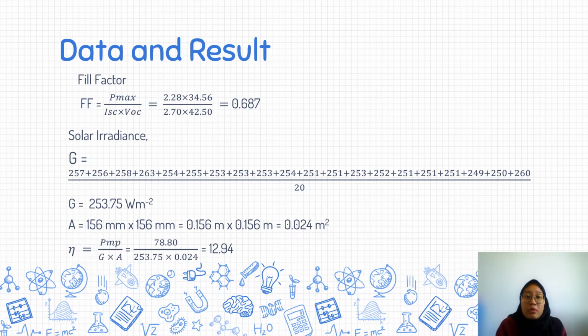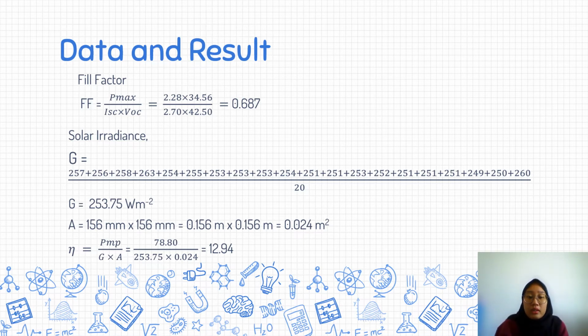As the maximum power obtained is 78.80 watt, we take the value 2.28 from the current data and 34.56 volt from the voltage data from the table. Then we take the value 2.70 ampere as we gain the ISC value from the table and 42.50 as the VOC value from the table.